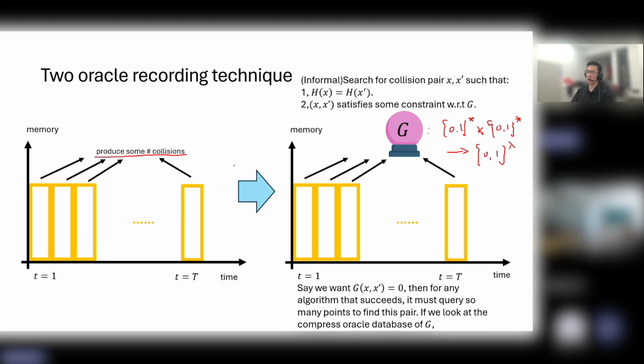This means that we are still able to apply this slicing technique in a setting where we don't really have a long output problem, but we have an intermediate layer, this G, the database of G, that gives you an interface between a short output problem and a long output problem.